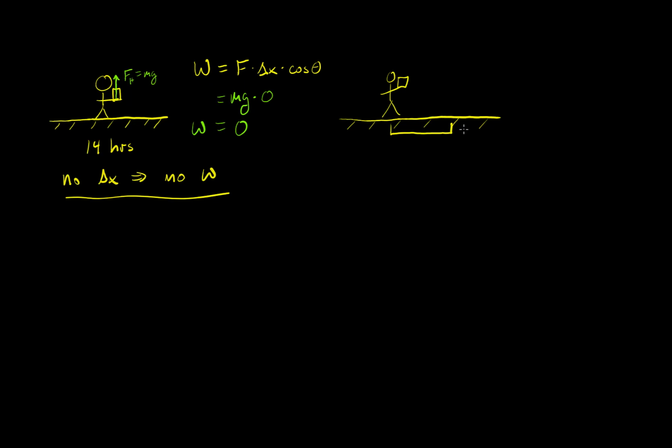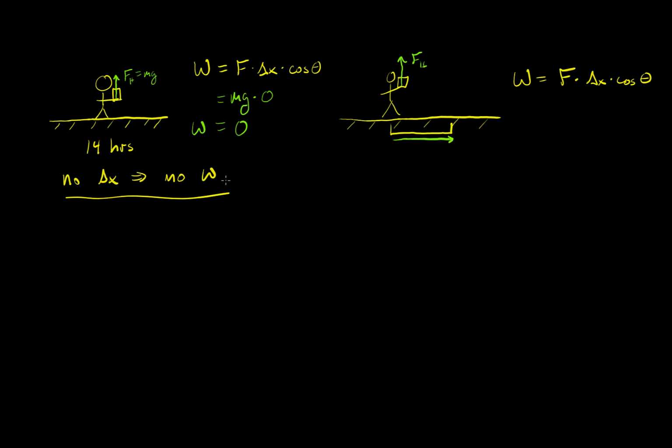Is there work done? We have to think about work as force times displacement times the cosine theta. Now we have to identify the force again, and we're going to have the same force. So the force is this, the force of the hand, and the displacement is this.